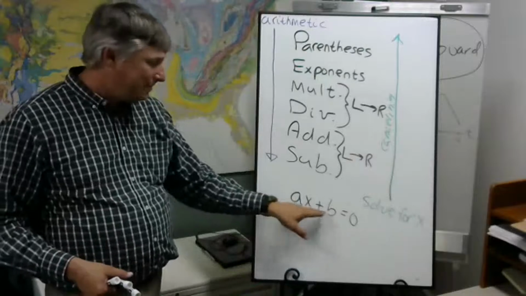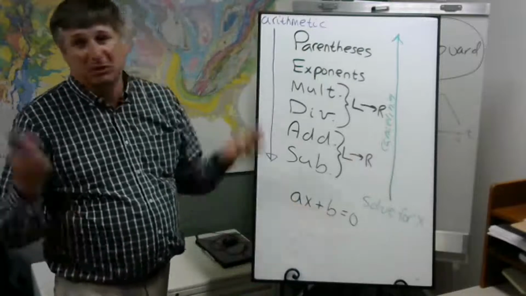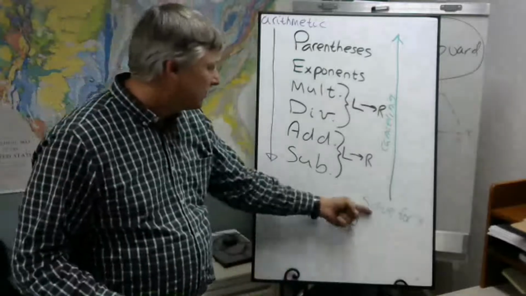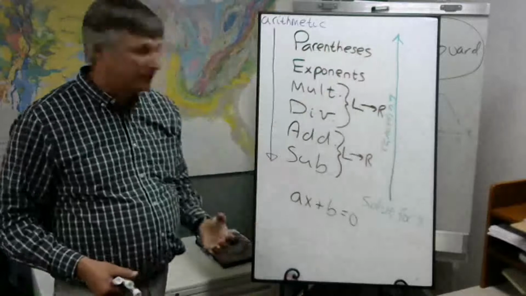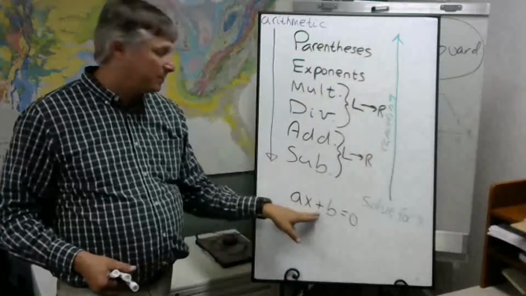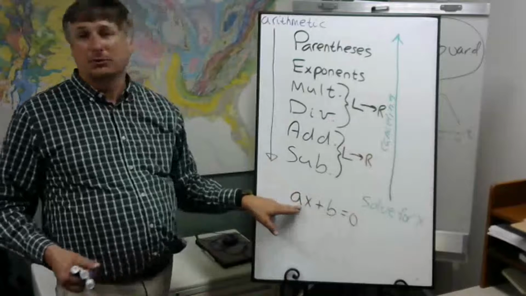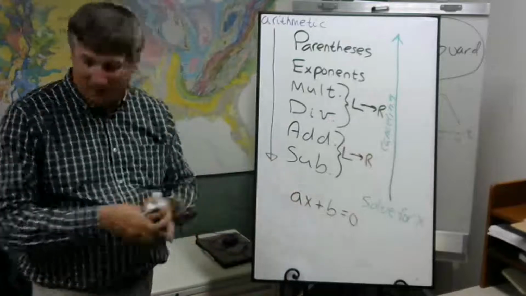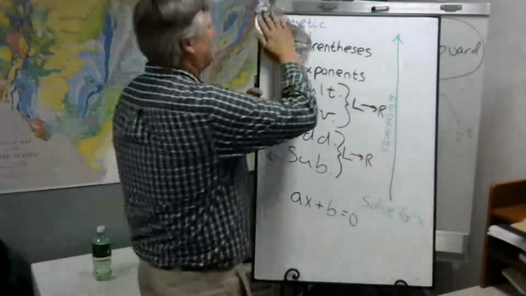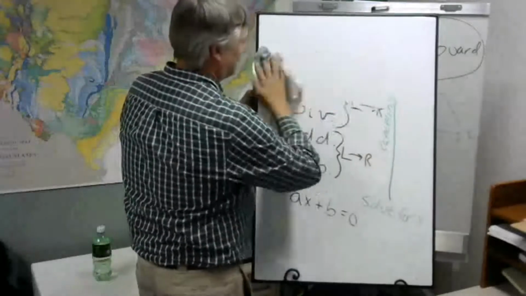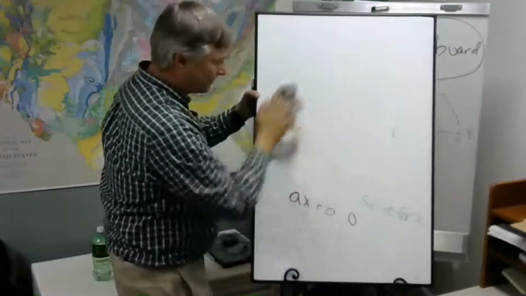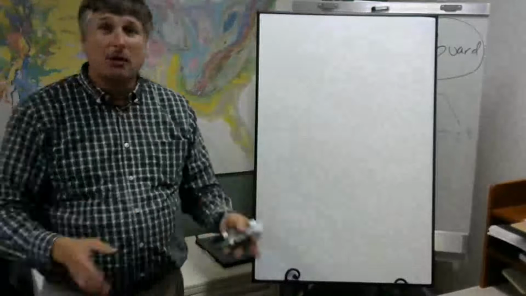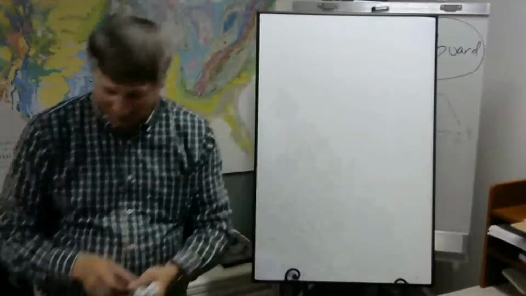And then we would add b, and that would be it. So to solve for x, we're going to go backwards. We'll cancel the addition of b. We'll cancel the multiplication of a, and that is going to give us x. All right. So we're just reversing the process we get from following order of operations.